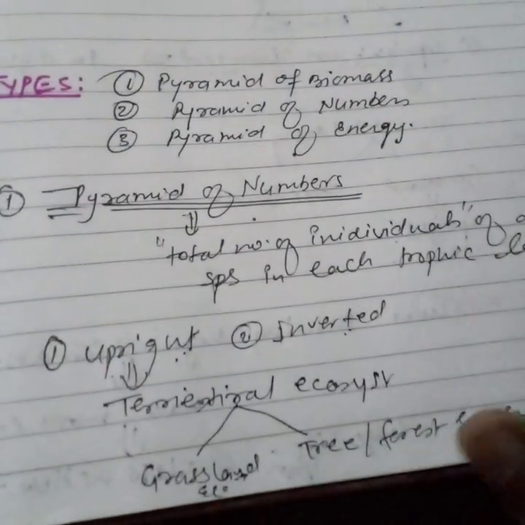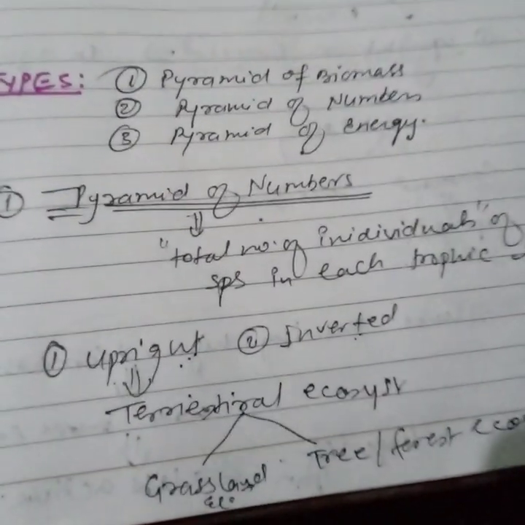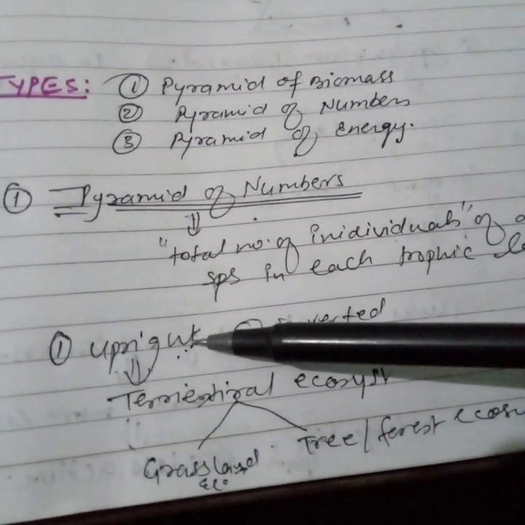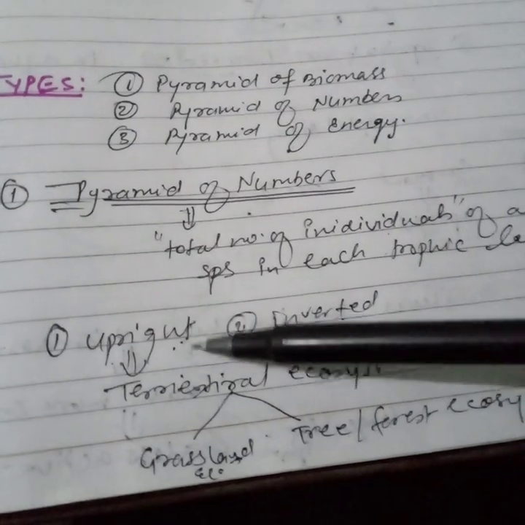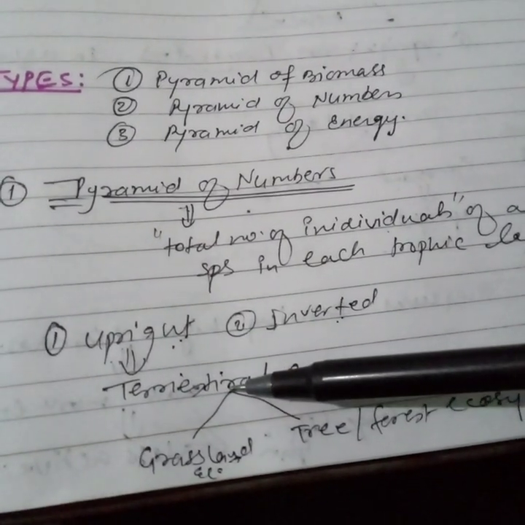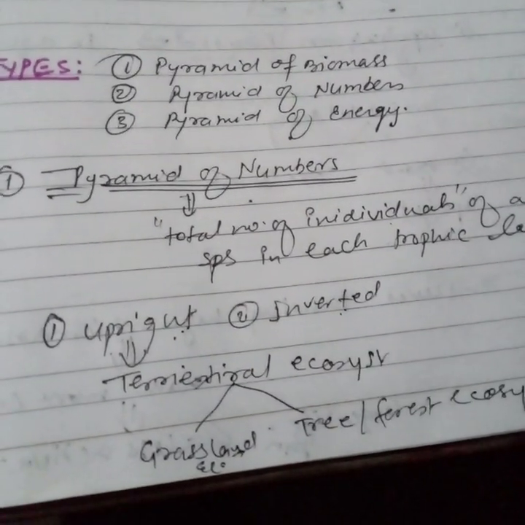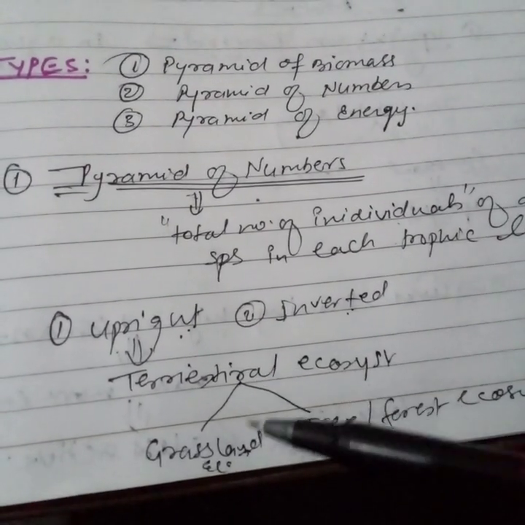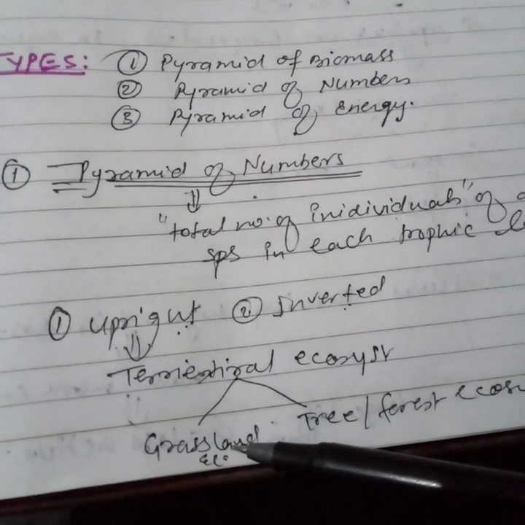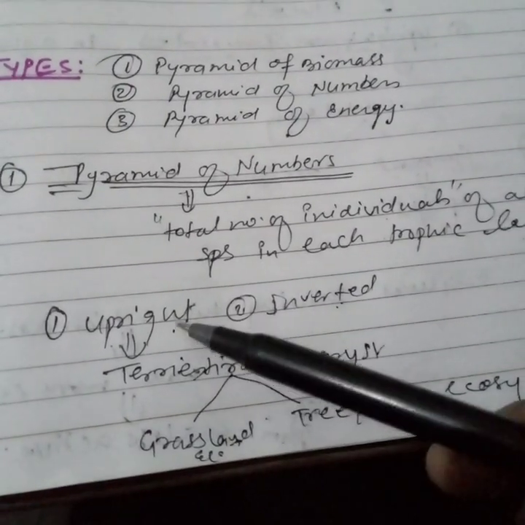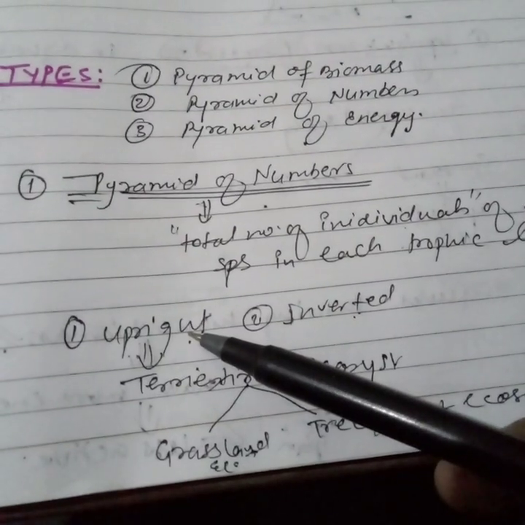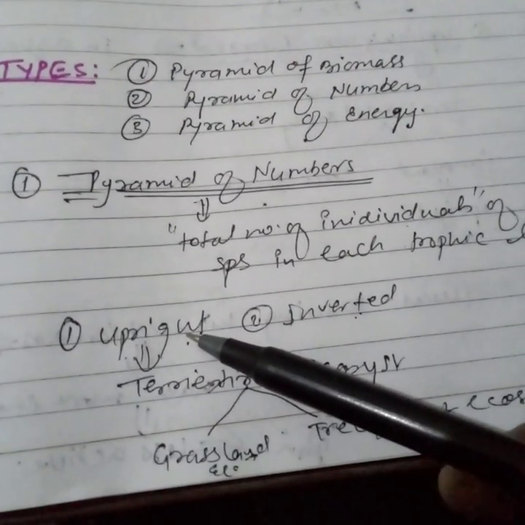Which kind of ecosystem shows an upright pyramid of numbers? So it's a terrestrial ecosystem. When we talk about the grassland ecosystem, there will be an upright pyramid of numbers. Why?